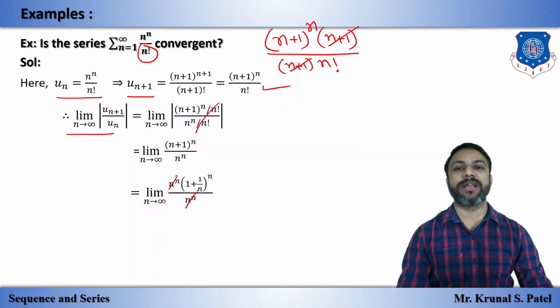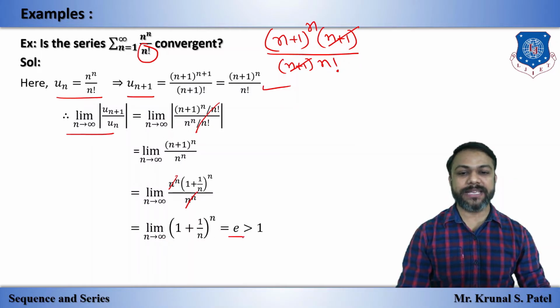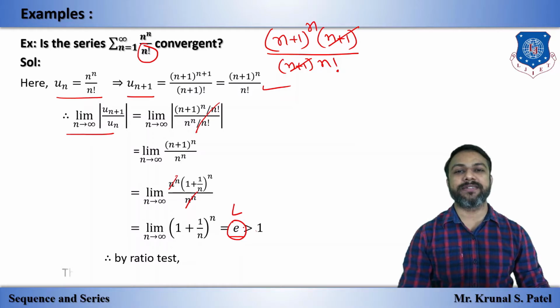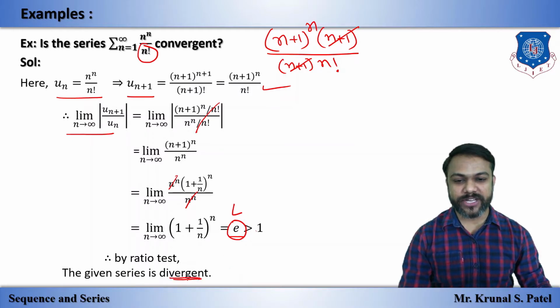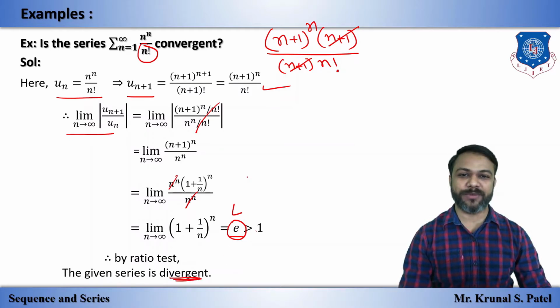This gives the formula e, and we know the value of e is 2.71 something, which is greater than 1. That's why by the ratio test, if this L is greater than 1, you can say that the given series is divergent. Okay, so simple.